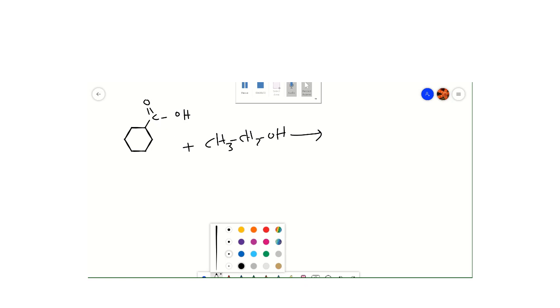Reaction of carboxylic acid with alcohol, and this is what we can draw. This is a carboxylic acid. طيب هذا شو راح يعطينا product? The product that will give us is this product بوجود طبعا acid اللي هو sulfuric acid. شو راح يعطينا ال product?